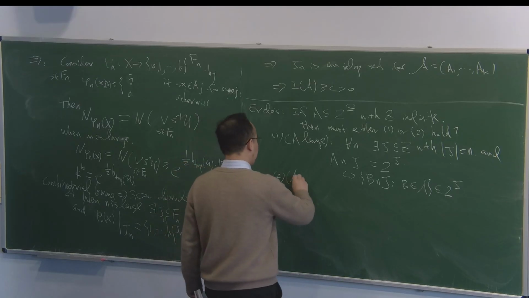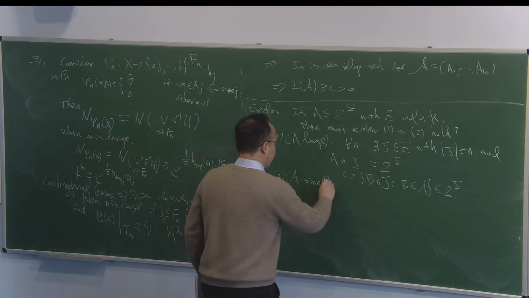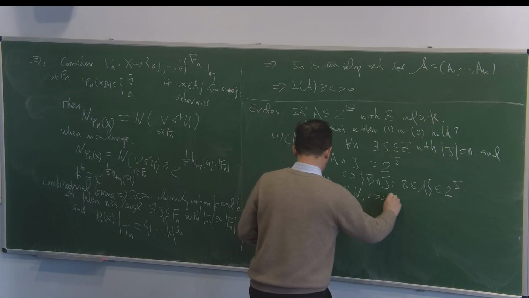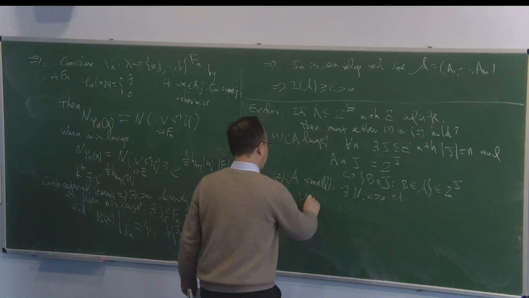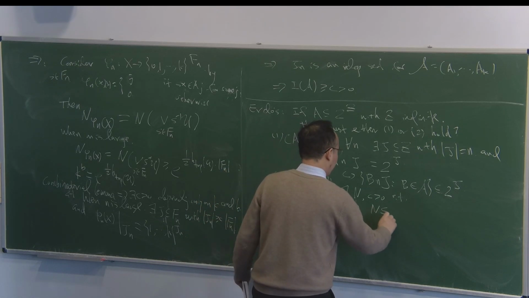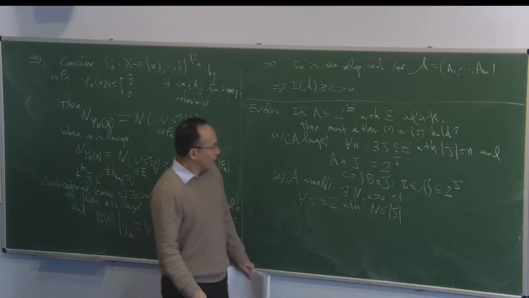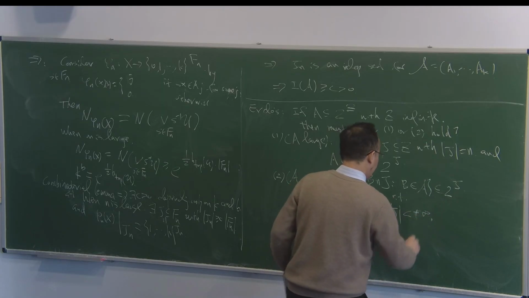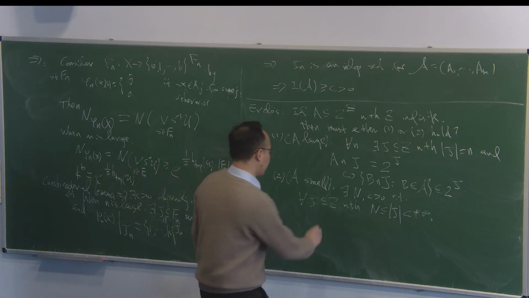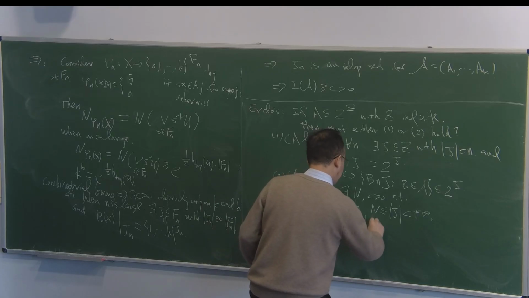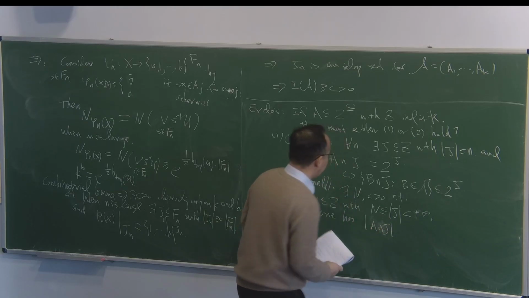The other situation is that A is kind of small. This is that there exist N and C, such that for any J in Z, so any subset of Z large enough, but finite, one has that we look at A intersected with J. So that's defined here.